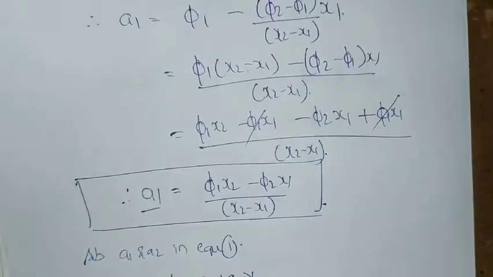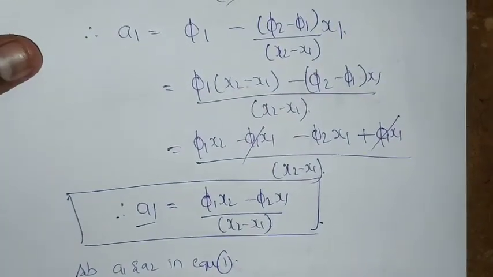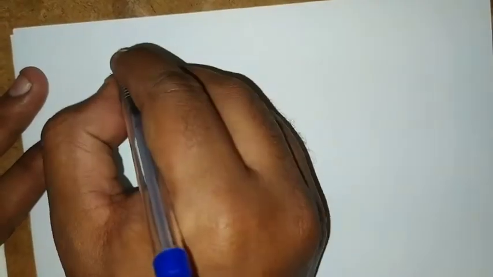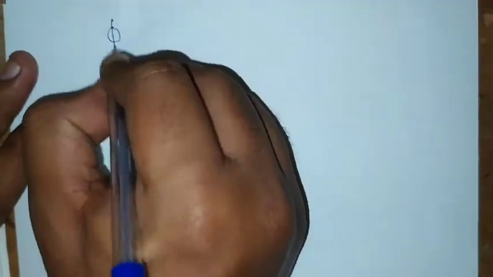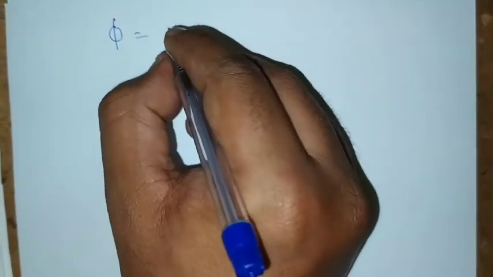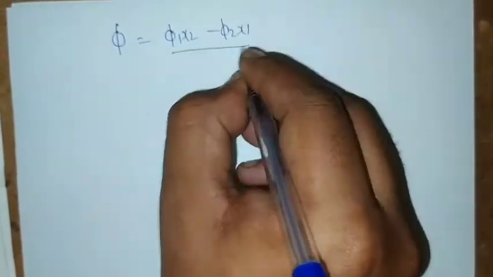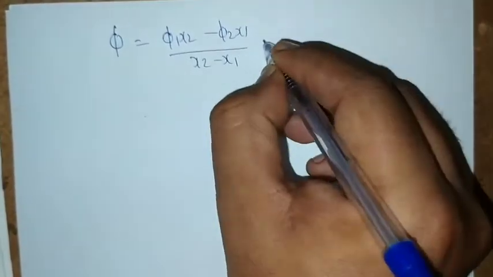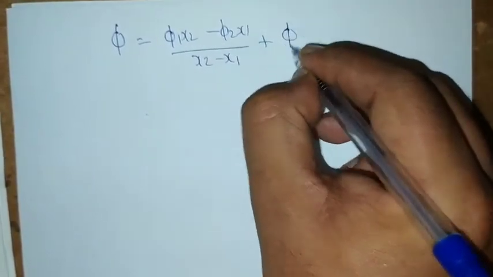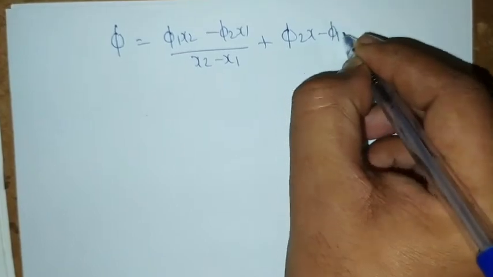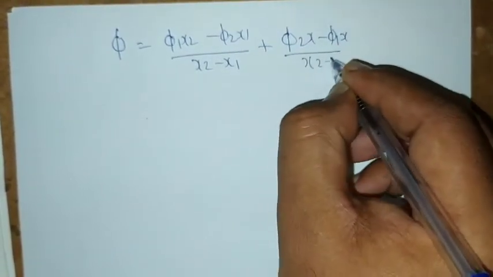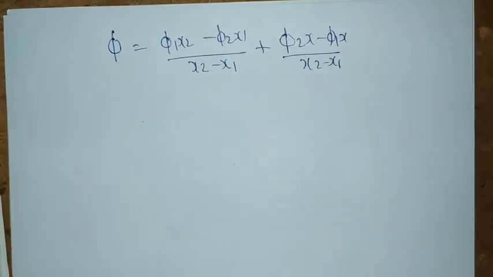Now by simplifying this we will get the required equation. So what is the equation that has come? Pi is equal to pi 1 x2 minus pi 2 x1 by x2 minus x1 plus pi 2 x minus pi 1 x by x2 minus x1.